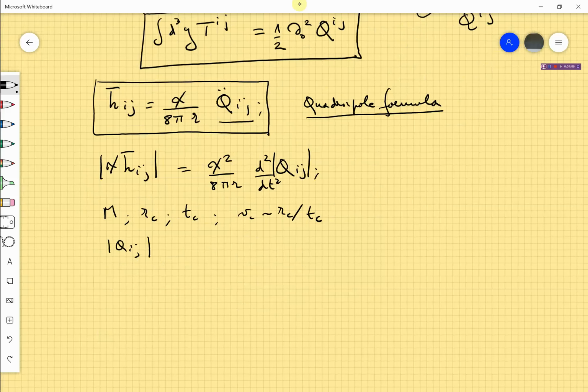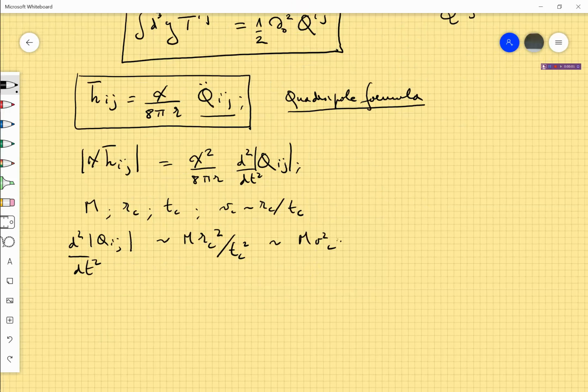So this goes like m rc squared. If you take two derivatives, this will be something of this kind, and it will scale in this way.